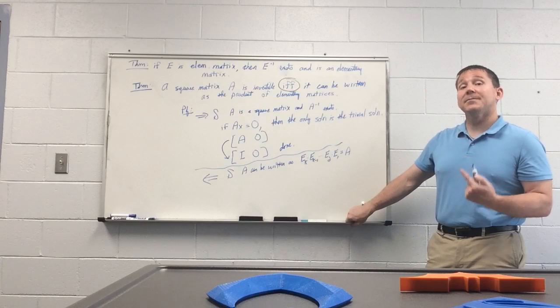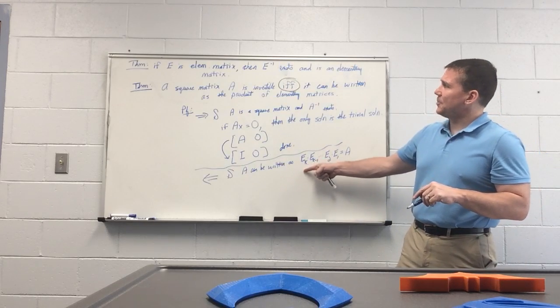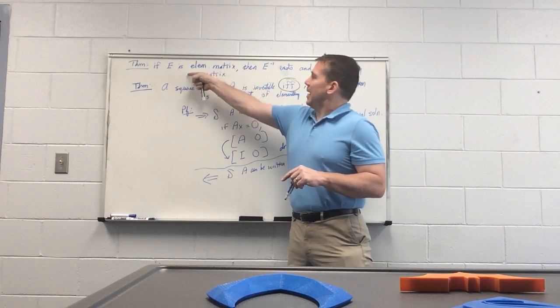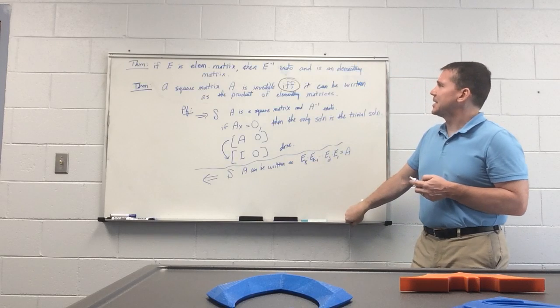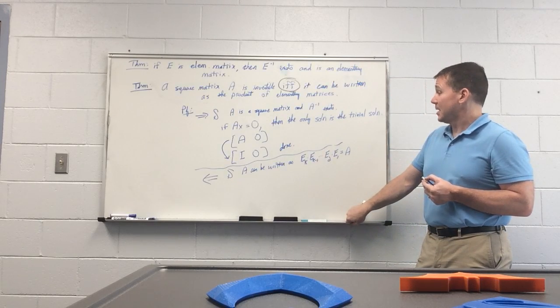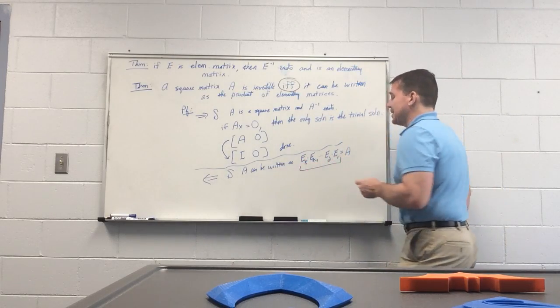I need to show that it's invertible. But all of these are elementary matrices. If E is an elementary matrix, then E inverse exists and is an elementary matrix. Which means each of these has an inverse.